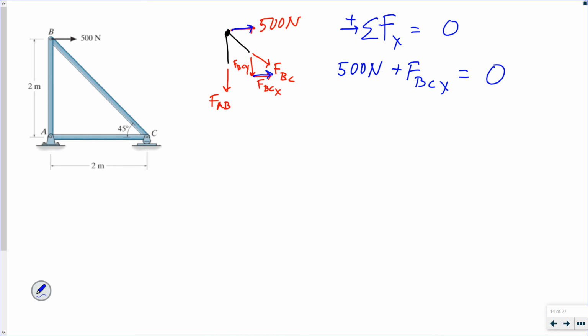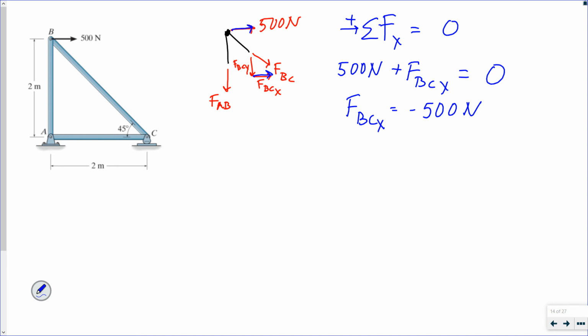Well, right away you can realize, even though I chose it to be in tension, it's going to be in compression, right? FBCX equals negative 500 newtons.